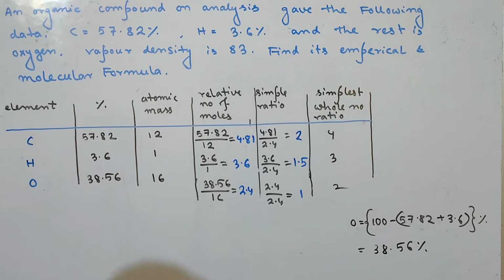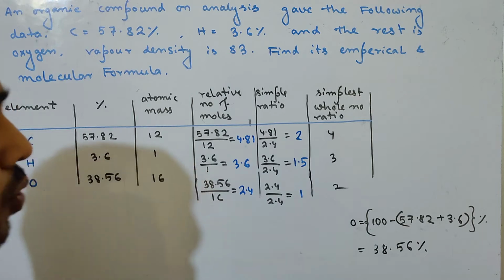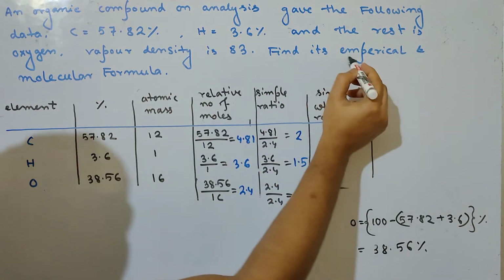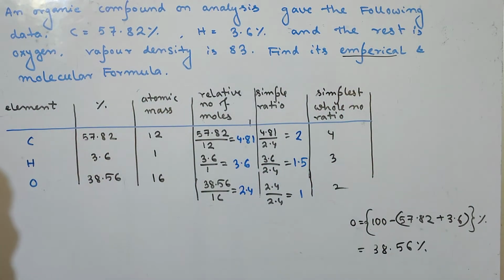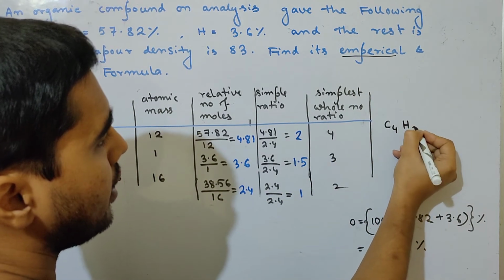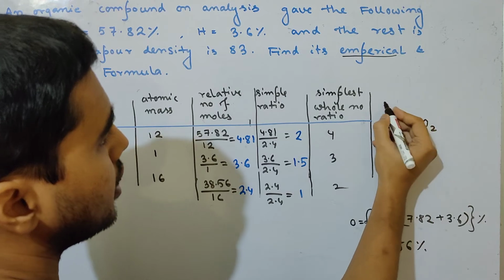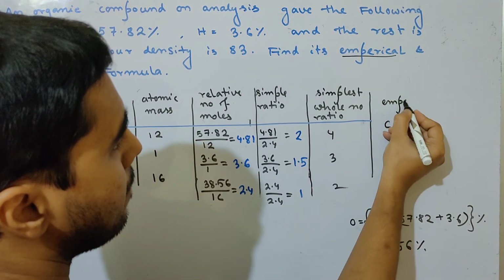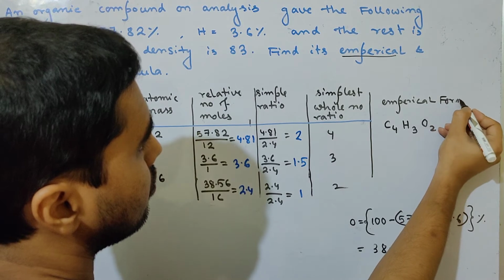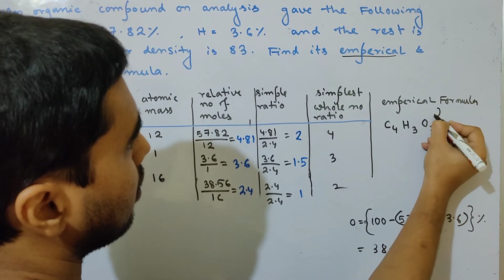Now, after getting this, if we are getting the simplest whole number ratio, easily we are in a position to write down the empirical formula. So the empirical formula from here we should write as C4H3O2.